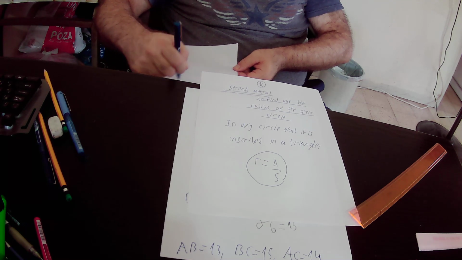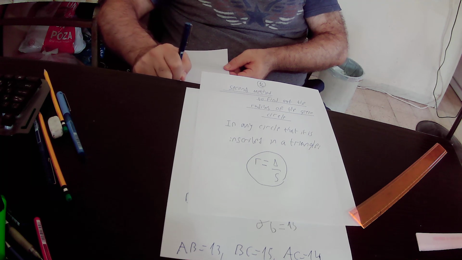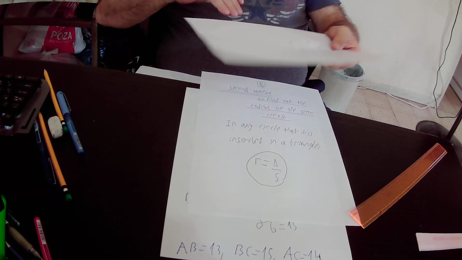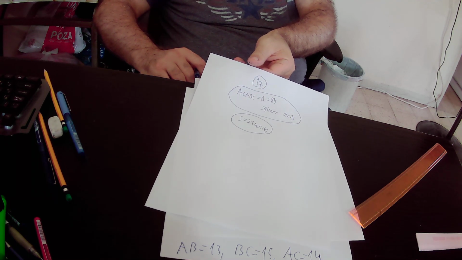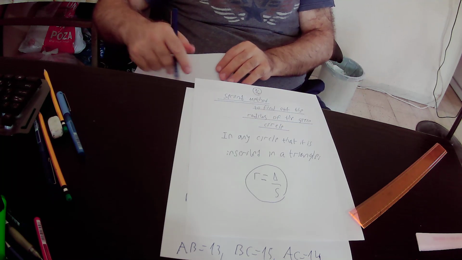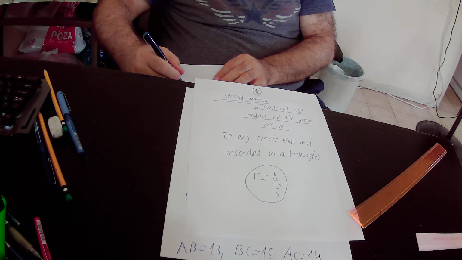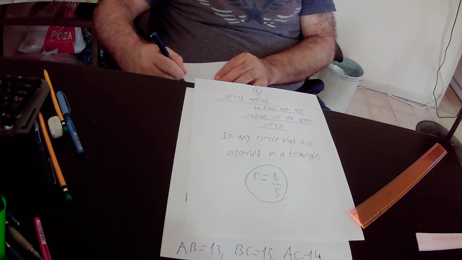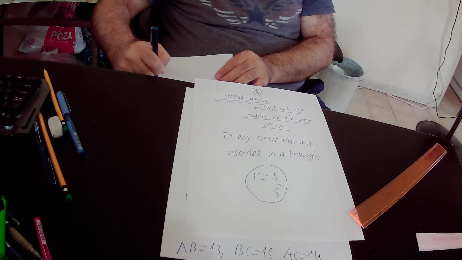And the semi-perimeter of our triangle ABC equals 21 units. Okay, we know that the area of triangle ABC equals 84 square units and the semi-perimeter of triangle ABC equals 21 units. So the radius of the green circle will be equal to delta over S, that is actually 84 over 21, it is 4 units.